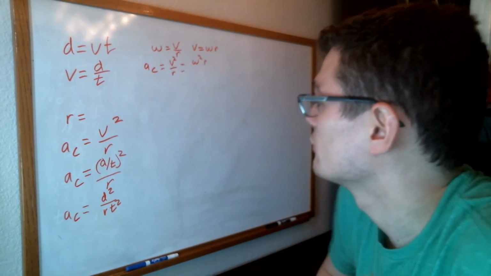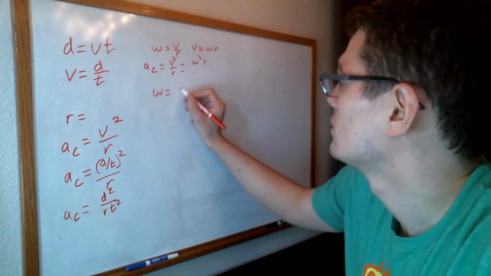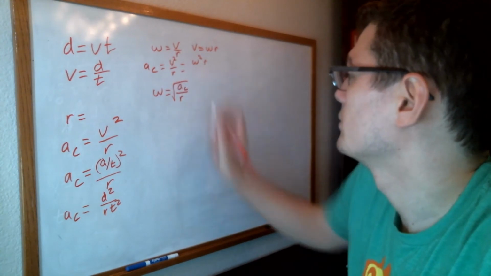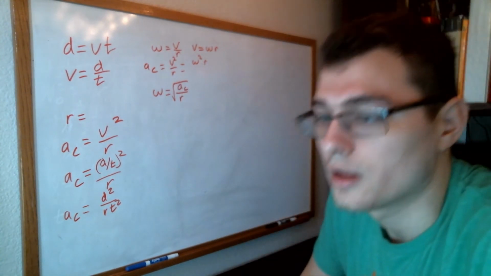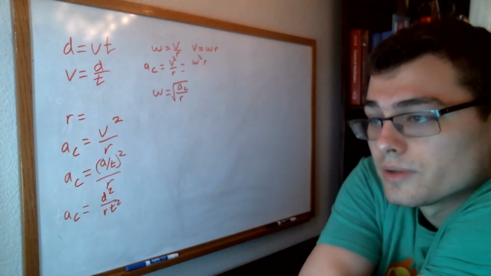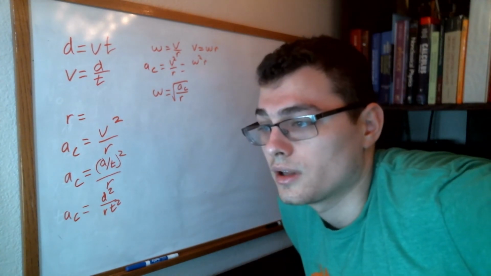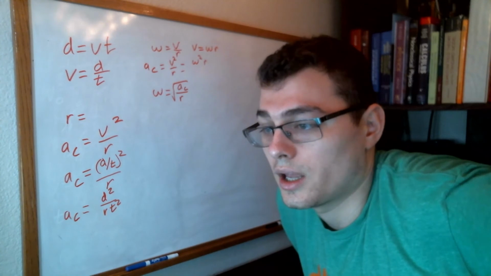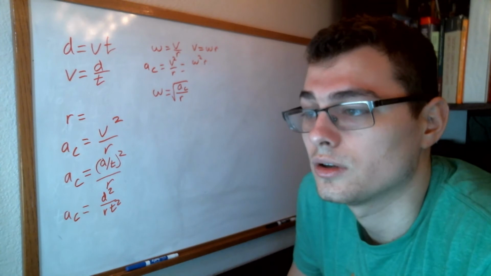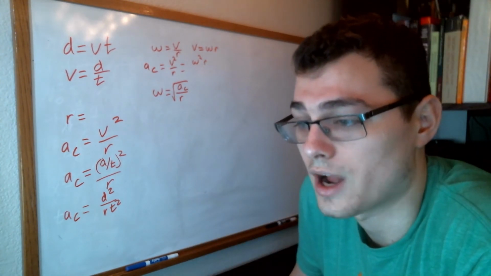Now let's solve for what omega is. Omega is equal to AC over R, and then we take the square root of both sides, and we get this relationship here. Now all we have to do is plug in our radius, and we want a centripetal acceleration that is 1.5, or however many times, as much due to gravity.